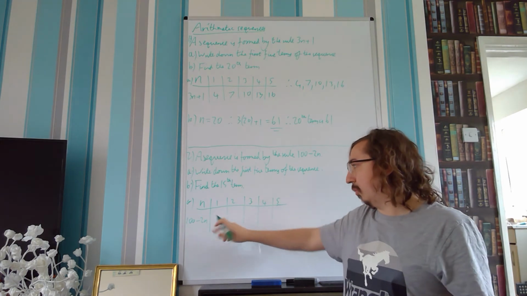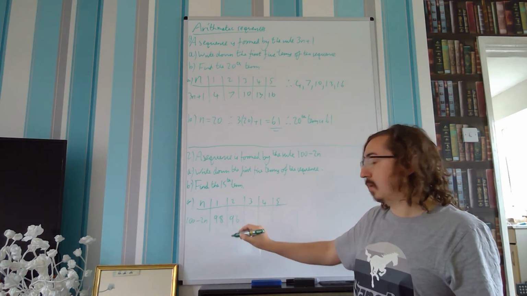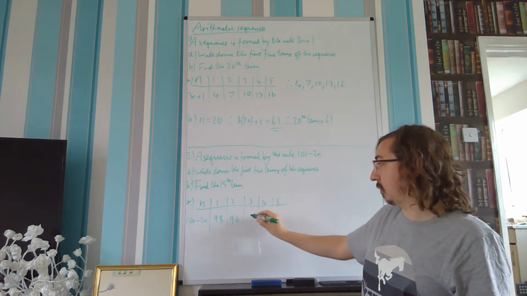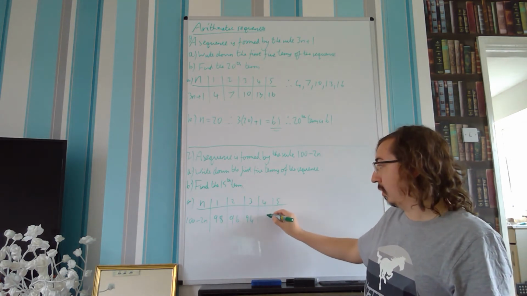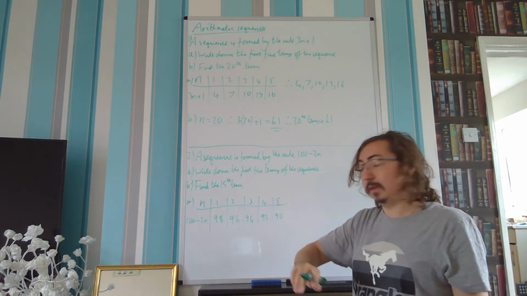So if we substitute 1 into here, we end up with 98. Substitute 2, 96. Substitute 3, 94. 4, 92, and 5, 90.